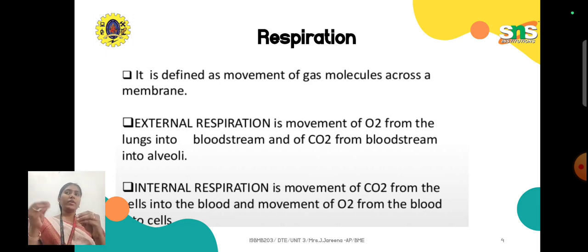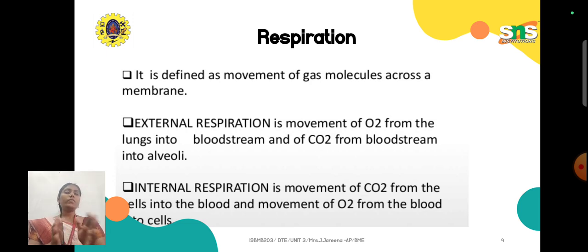When air is taken inside our body, it passes all the way through the trachea, then to the bronchioles, and then the alveoli. From the alveoli, the O2 molecules get diffused into the blood vessels. This passage of O2 from alveoli to the blood vessel is called external respiration.